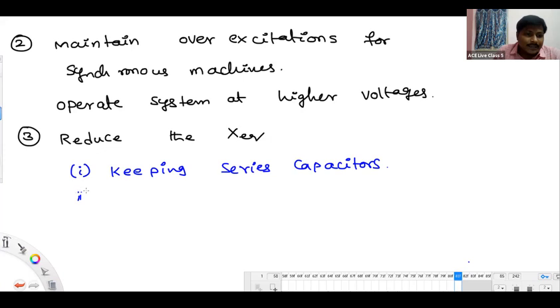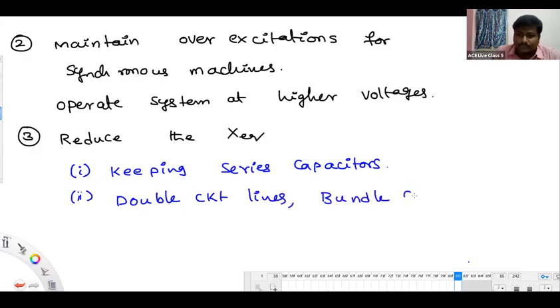And the next option I'm saying is using double circuit lines, bundle conductors, and parallel transmission lines. These things will come in TNT. They will make that X equivalent value low.